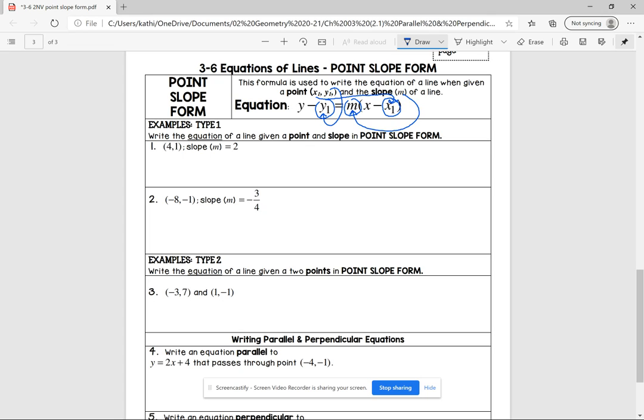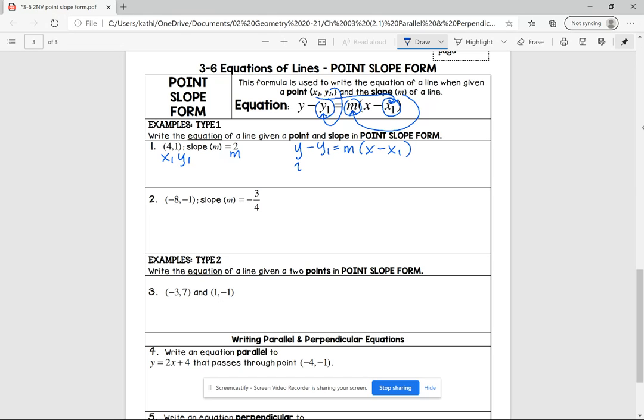Okay, so example number 1. Write the equation of a line given the point and the slope in point-slope form. So the point is x1, y1, and slope is 2. So y minus y1 equals my slope, times x minus x1.